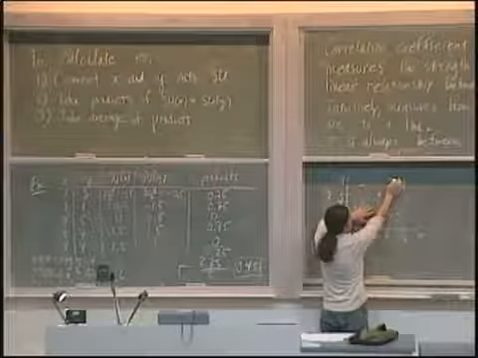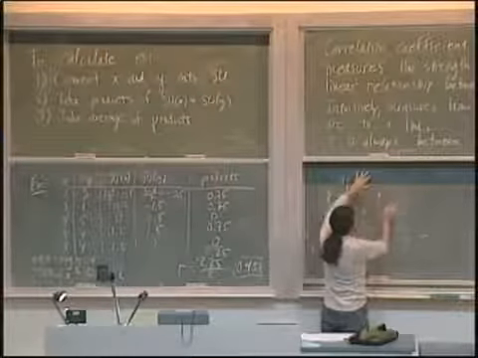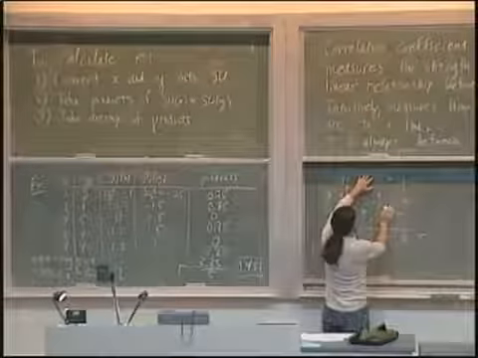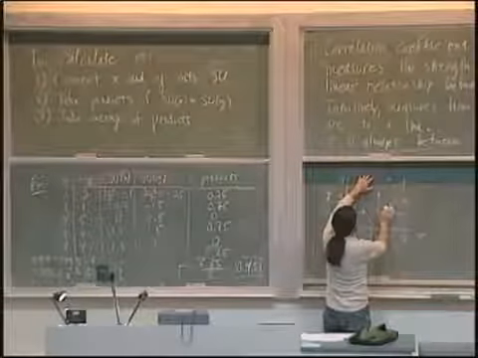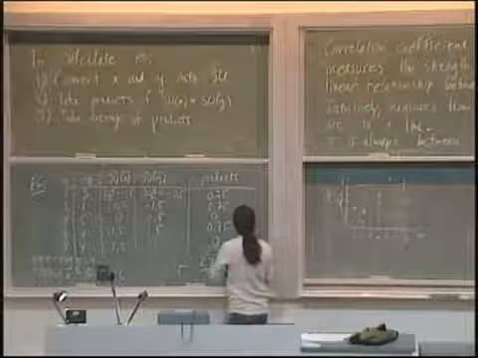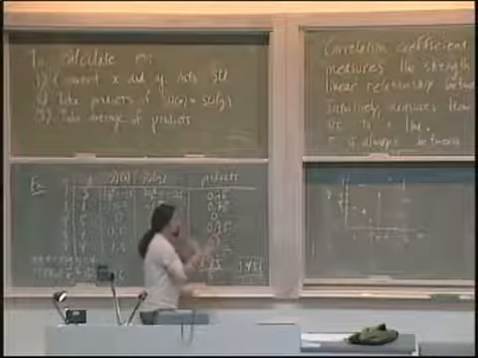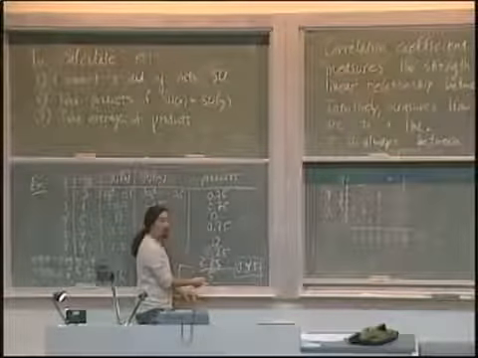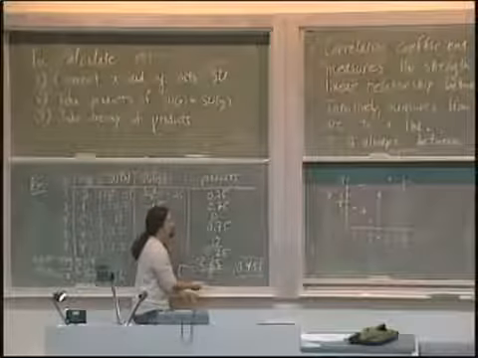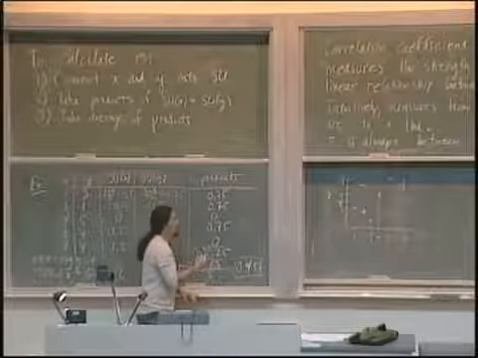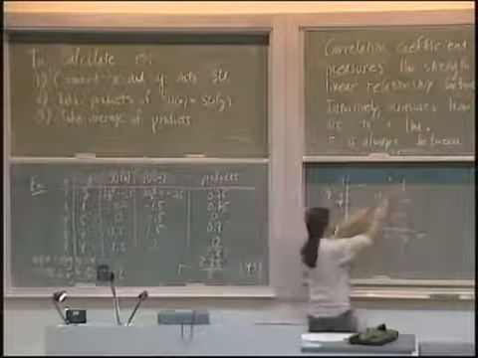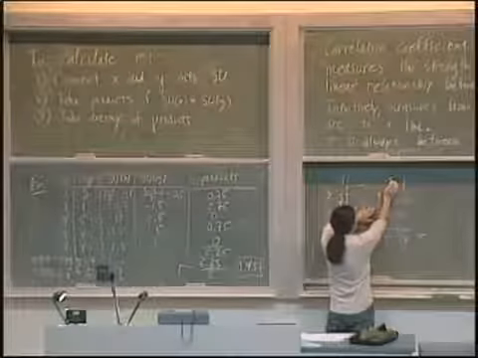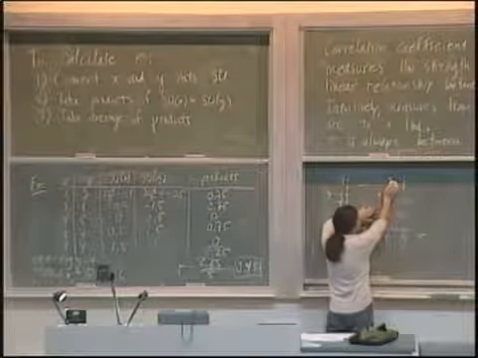Those contribute positive products. Lower right and upper left contribute negative products, and whichever side wins, that's the sign that the correlation is going to have. Okay, and the more you have things in these two quadrants, the more highly positive the correlation is going to be.